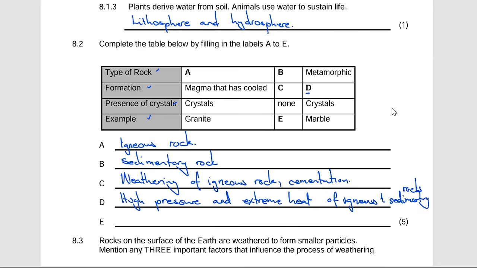Like that. So that's what we're going to have there. Then our E is going to be sandstone, or it can be our limestone.